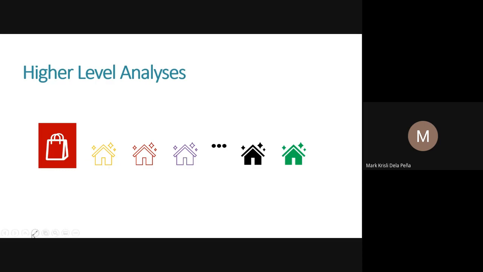Exactly 1 mile away from each other, which means also from this shop, the distance would be 1 mile. And from this house to another house, the distance is also 1 mile. To the other house, we have also 1 mile. So in this problem, they have equal distances among themselves. So what do you think would be the route?